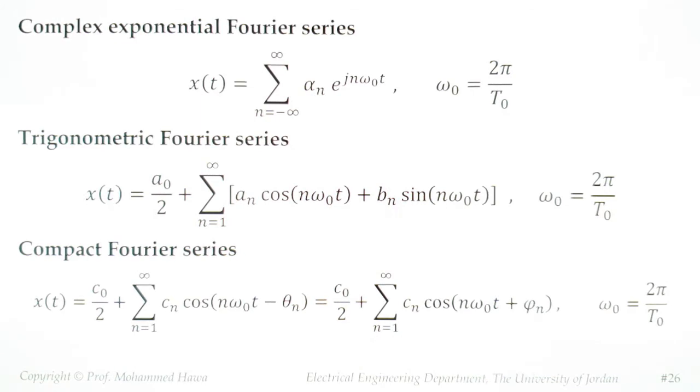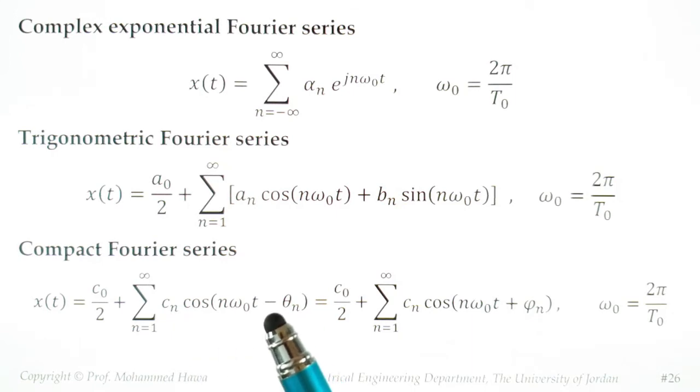Infinite sum of cosines. What I've shown you is the compact Fourier series form where I added the cosines from 1 to infinity and I changed the amplitude. I'm going to call it Cn, constant Cn, and I changed the phase shift, minus theta n. By the way, please be careful as you solve exercises later on using the compact form because some textbooks use a different symbol for this amplitude and a different symbol for this phase shift.